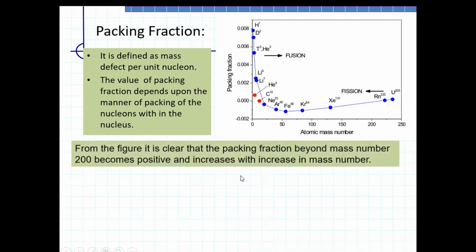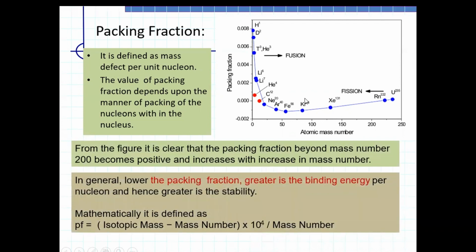The packing fraction beyond the mass number 200 becomes positive, and it increases with the increase in the mass number, and that's why the packing fraction creates instability. The lower the packing fraction, the greater is the binding energy per nucleon, and therefore the greater is the stability.